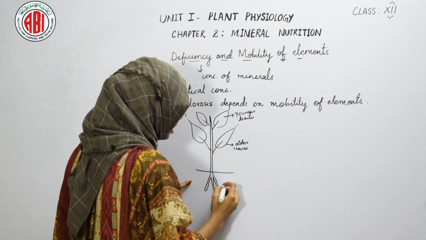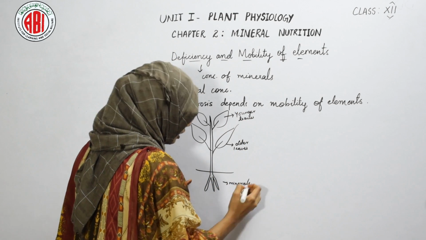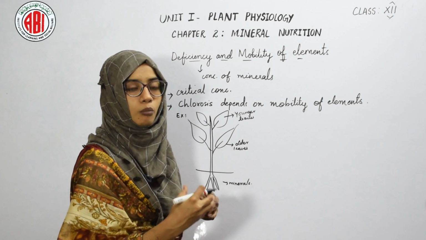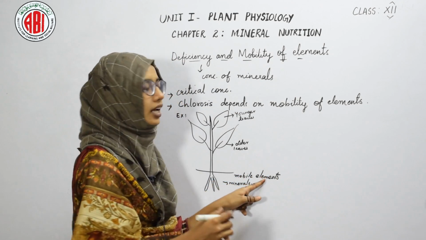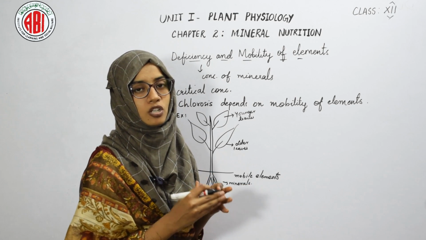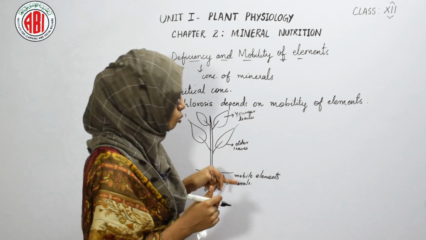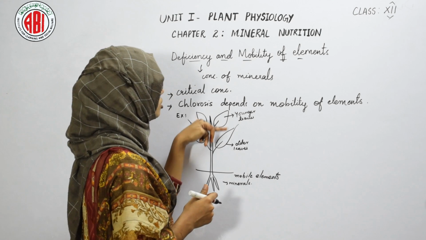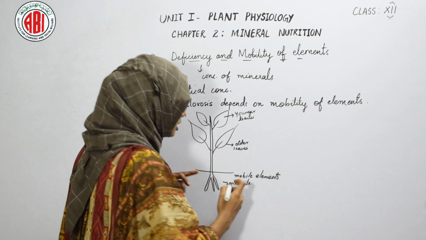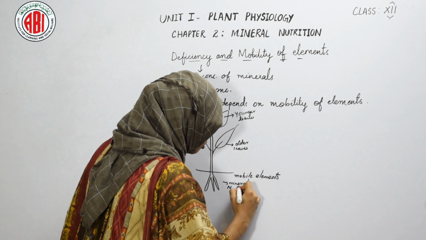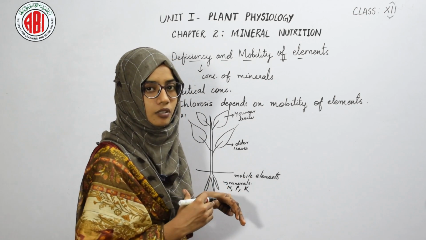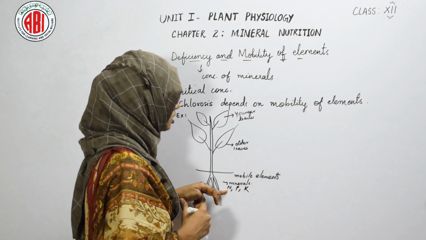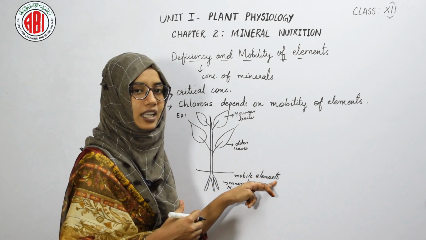Now we know that minerals are present in the soil, and these minerals are mobile elements. Mobile elements are those elements or minerals which move from older leaves to the younger leaves. Minerals like nitrogen, phosphorus and potassium are examples of mobile elements.